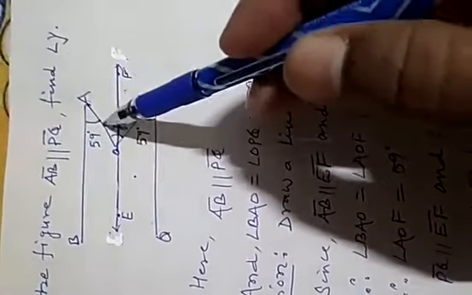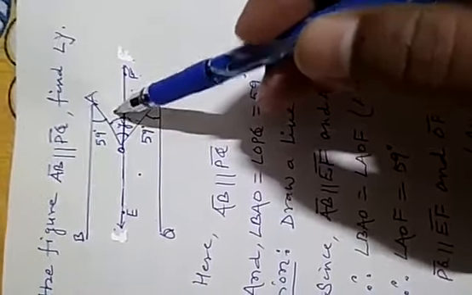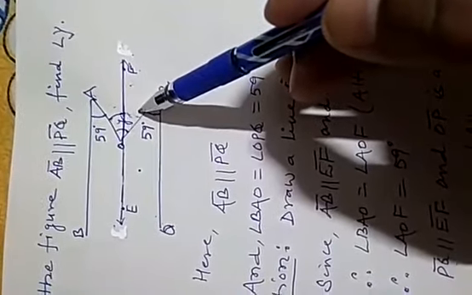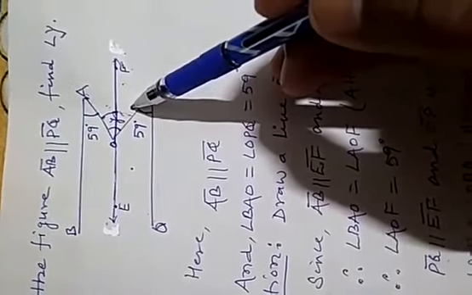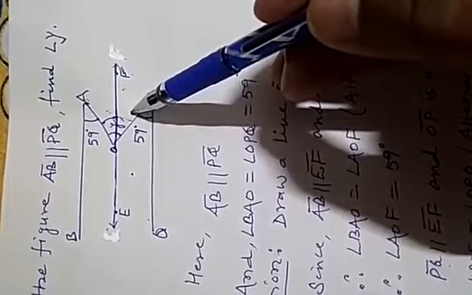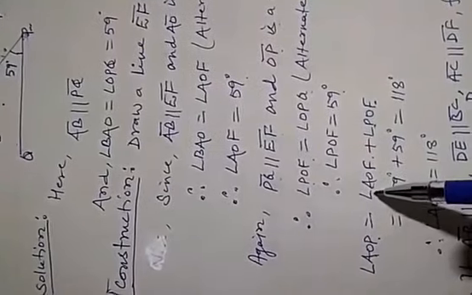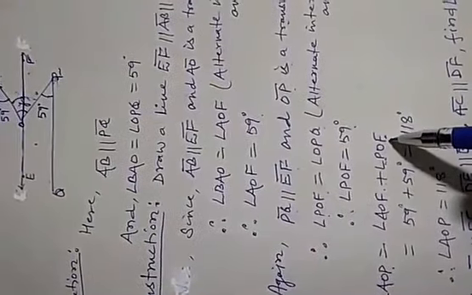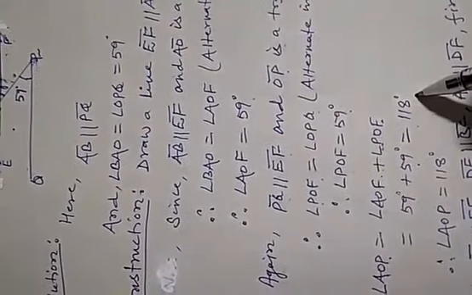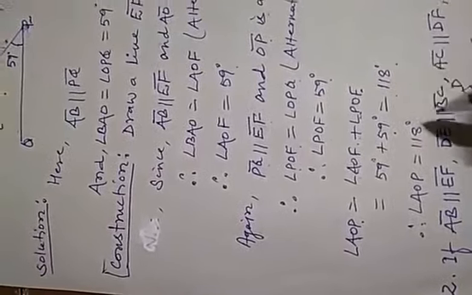Half angle plus half angle means 59 degrees plus 59 degrees, which is equal to 118 degrees. Here angle AOP is equal to angle AOF plus angle POF. Therefore 59 plus 59 is equal to 118 degrees. Clear?